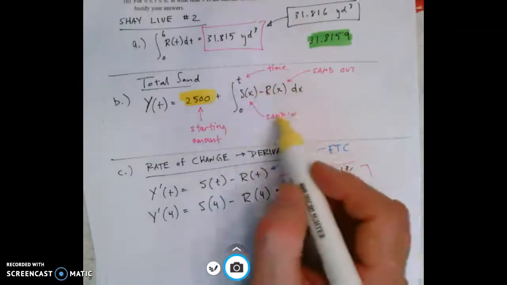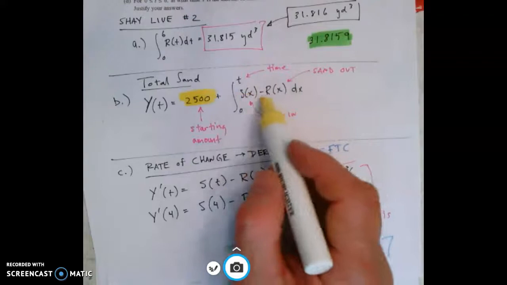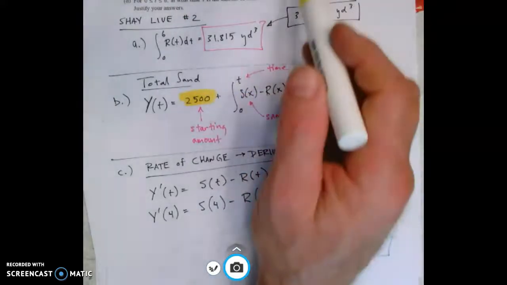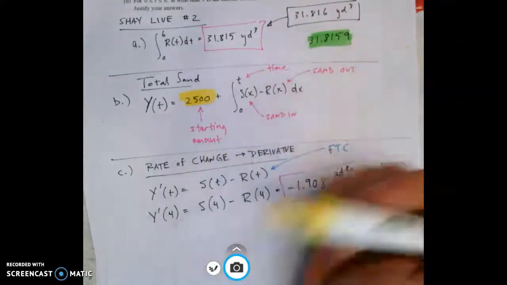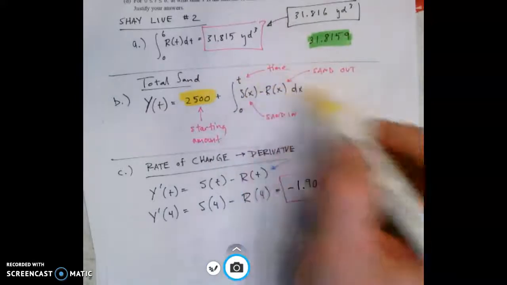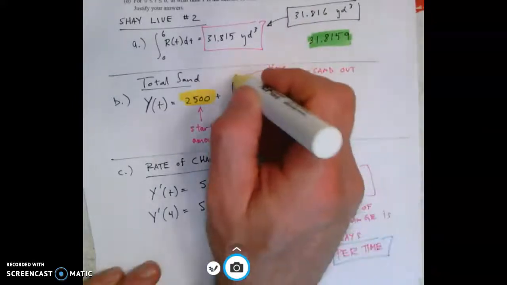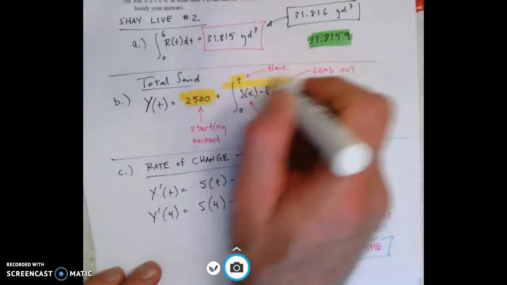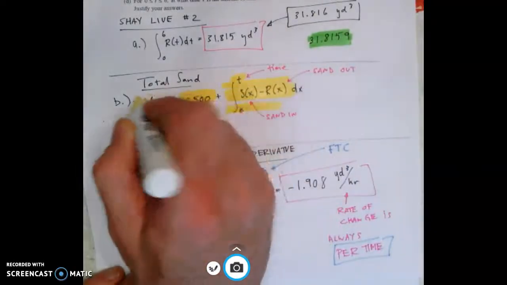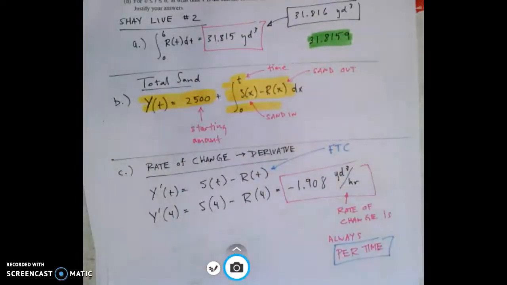Well, this is sand in, so s is sand in, and I'm taking away sand out. When it says sand out, that does not mean it's a negative value. So I need to subtract it accordingly. And these are both functions of t. And that's that. Okay? All right.